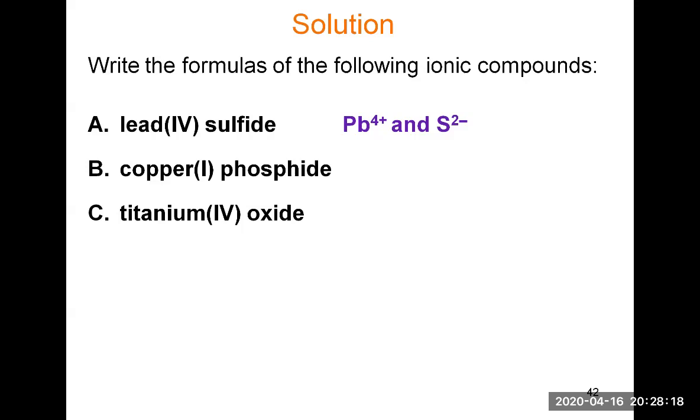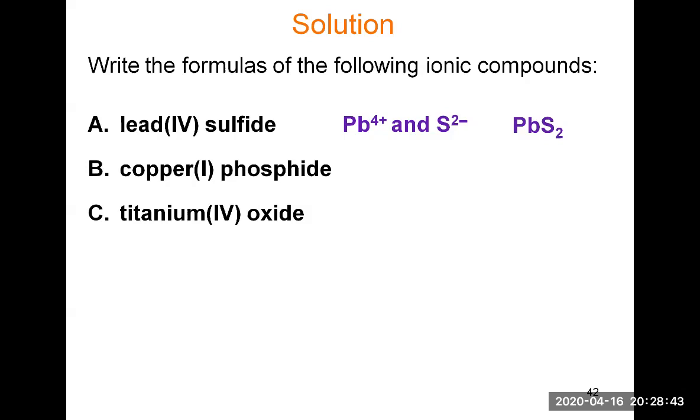But the subscripts 2 and 4 can be simplified by dividing them by 2. And so 2 and 4 when divided by 2 make 1 and 2. So the formula is PbS2. You simplify the 2 into a 1 and the 4 into a 2.